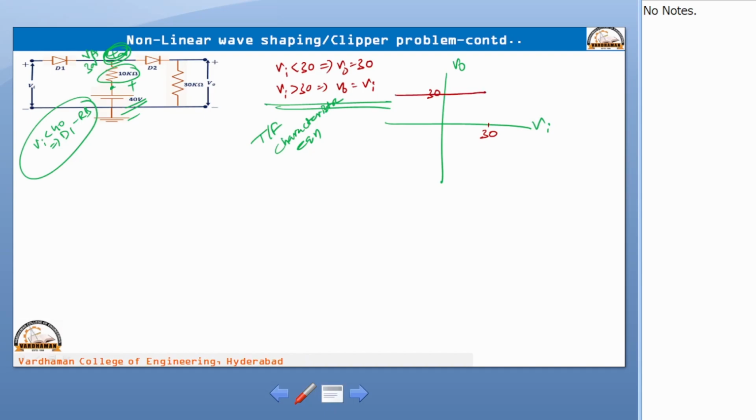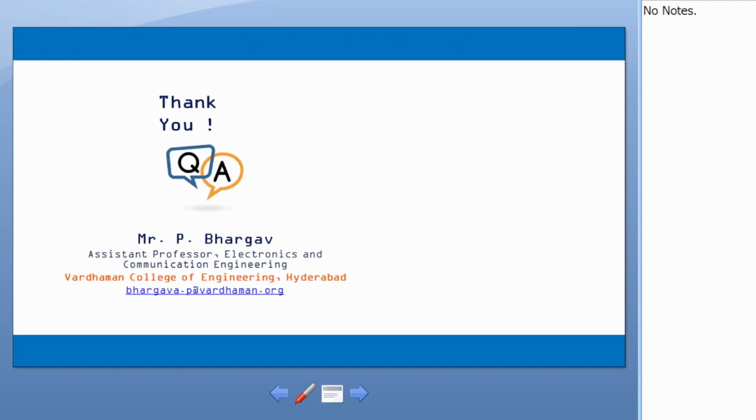But when input is greater than 30, output is equal to input, that means V naught is equal to VA. Here V naught is equal to 30 volts. That is what we have to observe here. So, understand the problem very clearly, then you can easily do all these things. Thank you.